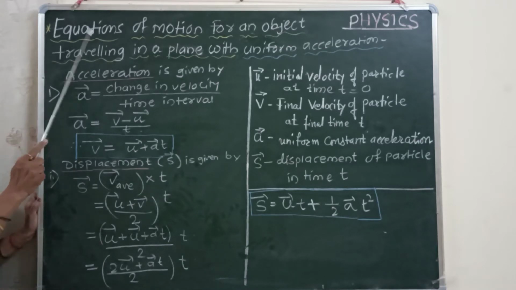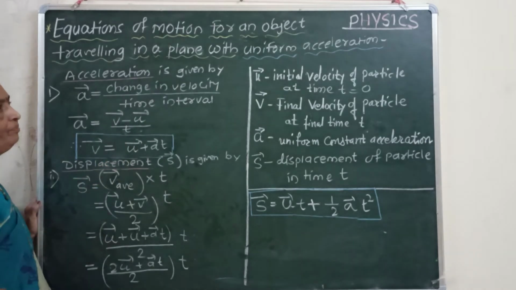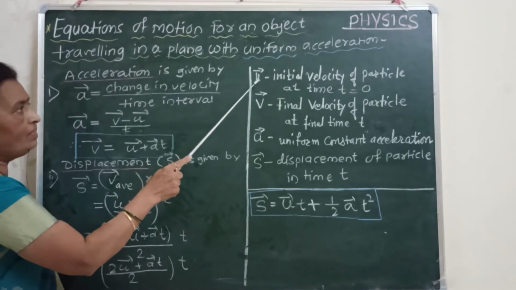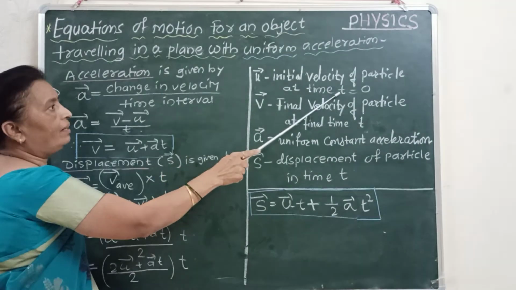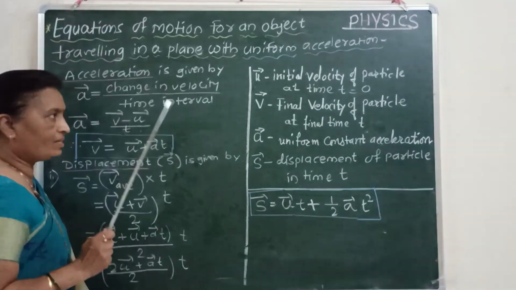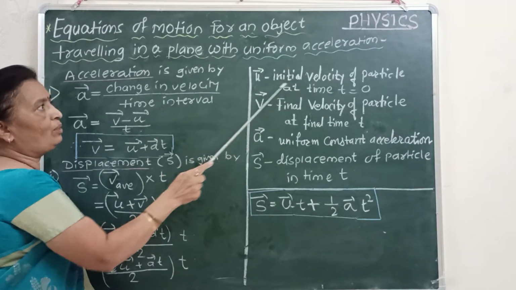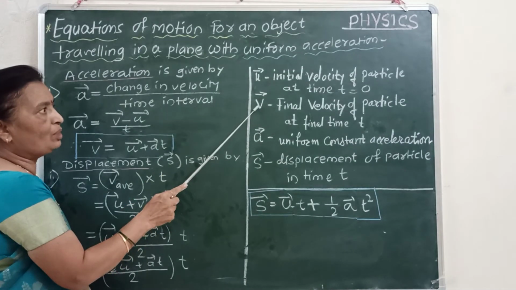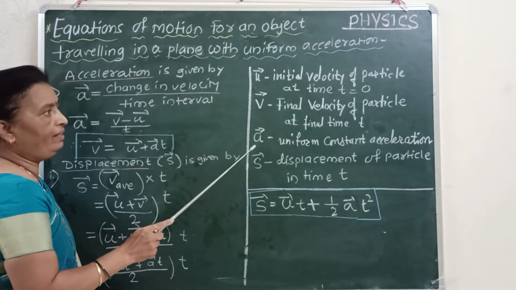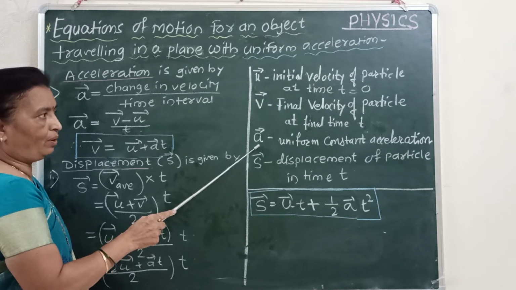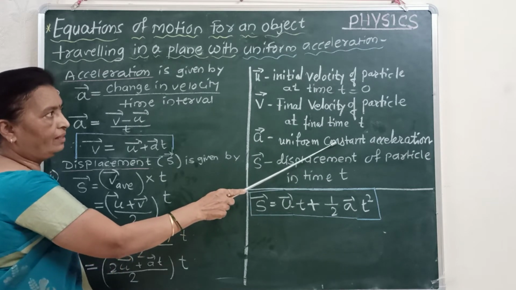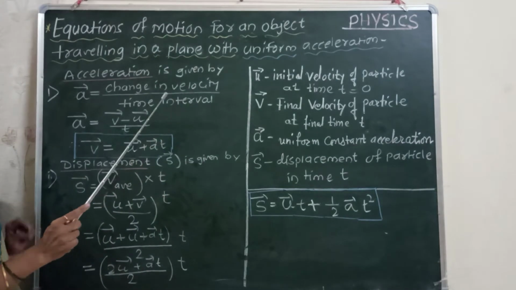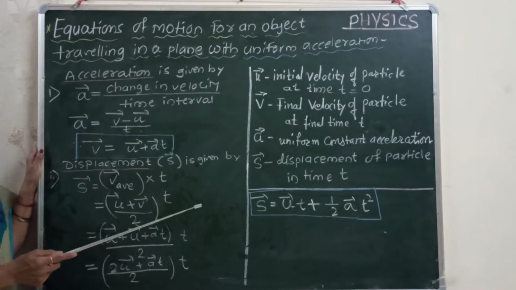To derive the equations of motion for such a condition, suppose the particle is moving with initial velocity u at time t is equal to 0, means at the start of the motion the initial velocity of the particle is u. As the time passes, the velocity of the particle changes uniformly. Since the acceleration is uniform, the acceleration remains constant. So change in velocity is also constant, and therefore we say it is uniformly accelerated motion.